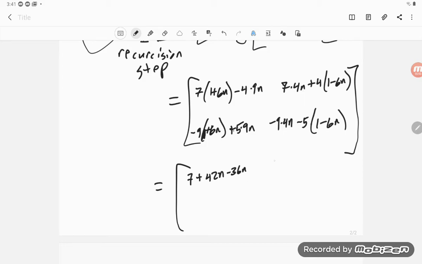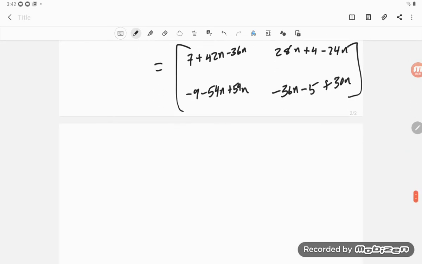Then over here I have 28n plus 4 minus 24n. Down in the bottom I've got a minus 9 minus 54n plus 59n. And then I've got a minus 36n, a minus 5, and a plus 30n.